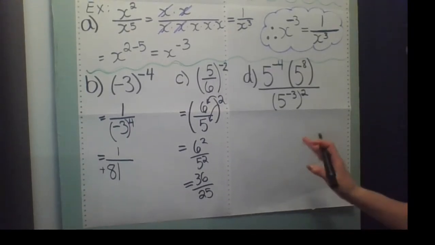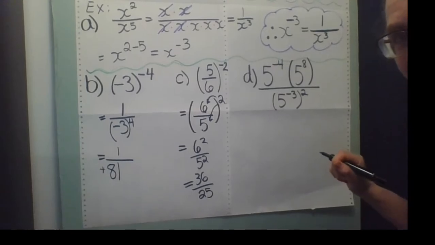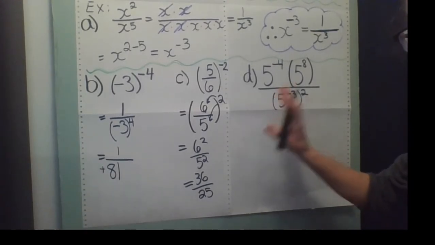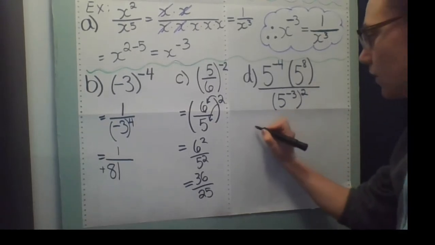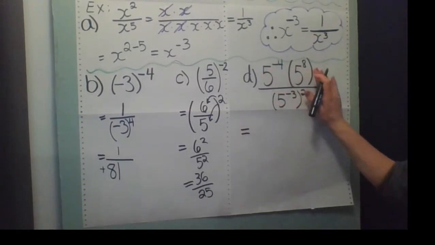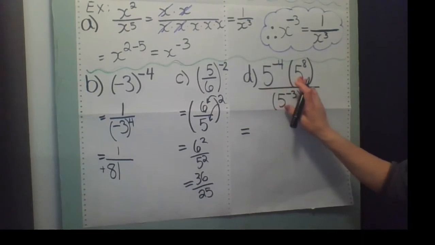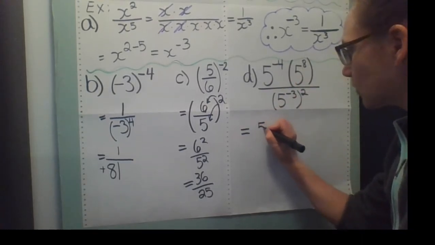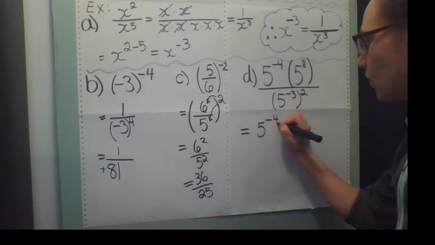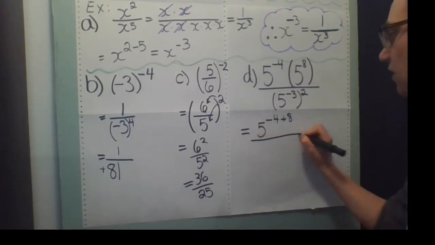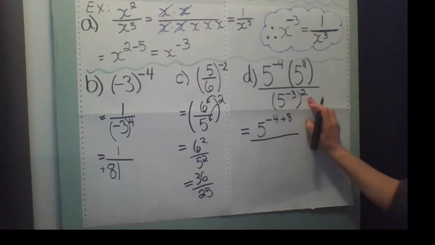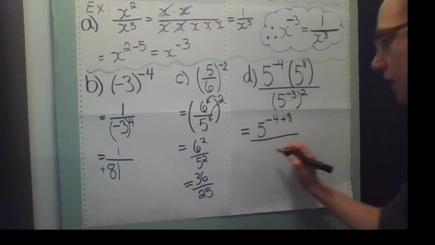Okay, this example comes straight from your textbook, and it's a nice complicated one. That's fine, we can do it, just take each of your rules one at a time. The first thing I'm going to do is simplify my numerator, and when I have the same base multiplying, I'm going to add my exponents. So that means I get negative 4 plus 8 in my numerator. My denominator, because I have a power of a power, I'm going to multiply exponents.